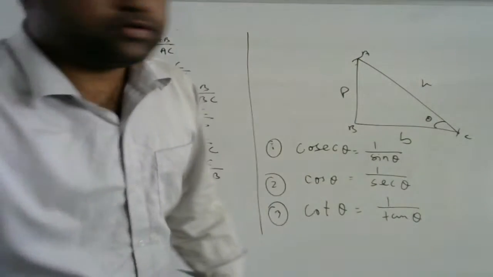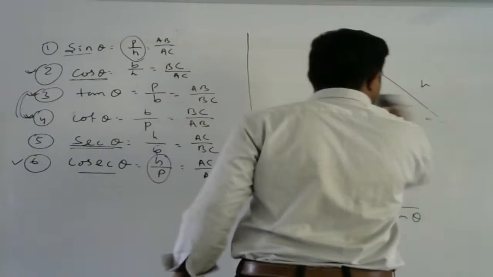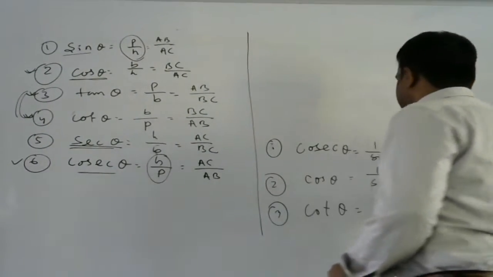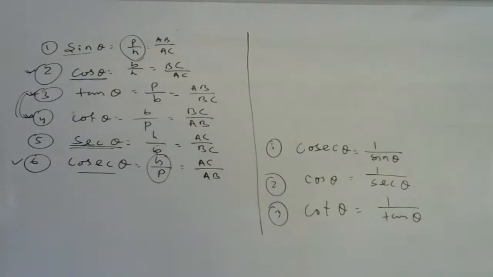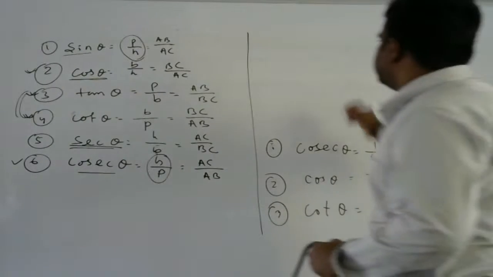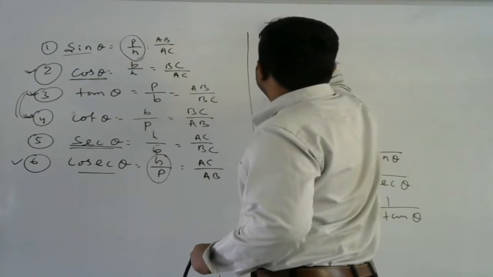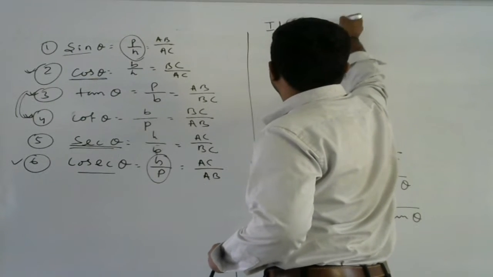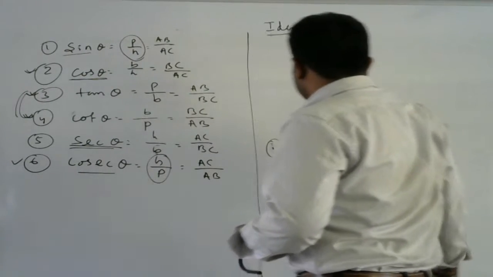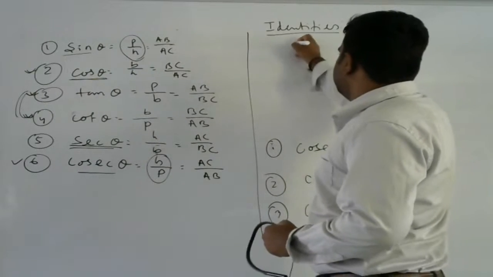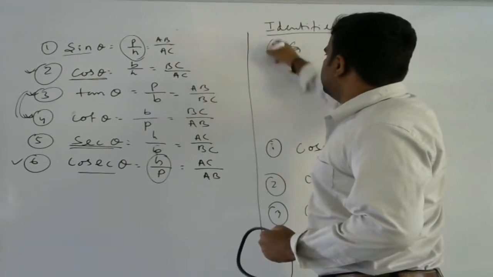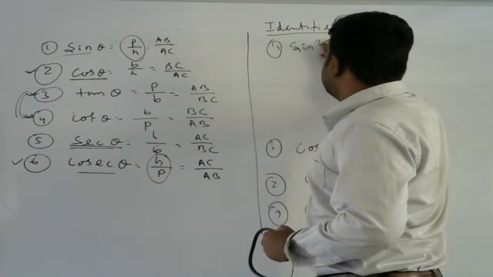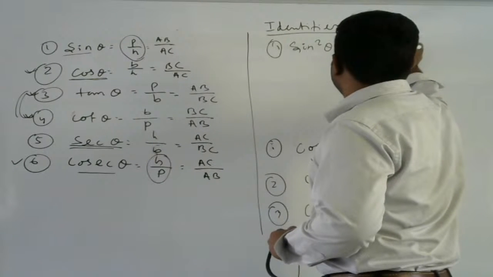Now let us find out some identities. A few identities I'll write. One important identity is sin square theta plus cos square theta equal to 1.